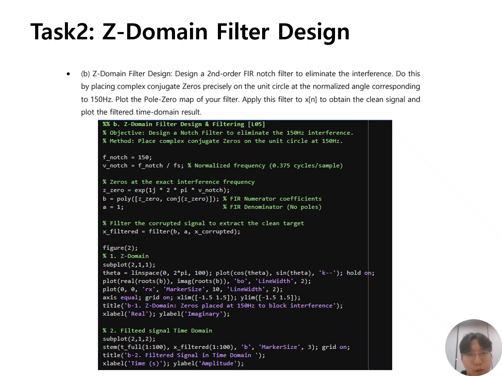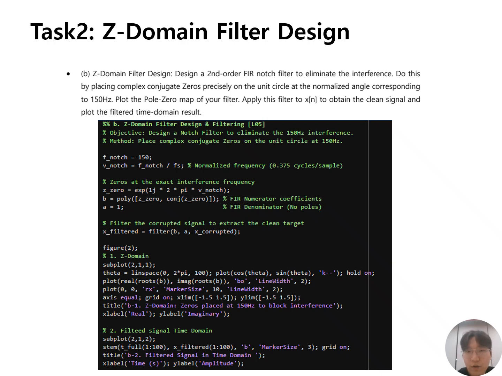Moving to task 2, which is z-domain filter design covered in lecture 5. To solve this task and eliminate the 150 Hz interference, I designed the following code without relying on built-in filter design functions. First, I calculated the normalized frequency, v0, which is 150 divided by 400, resulting in 0.375.